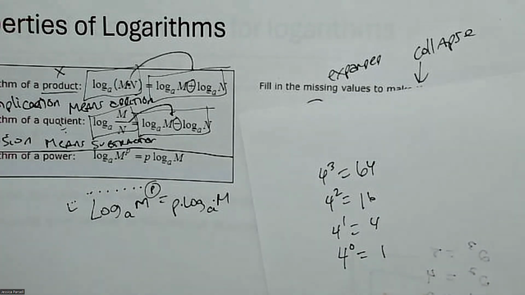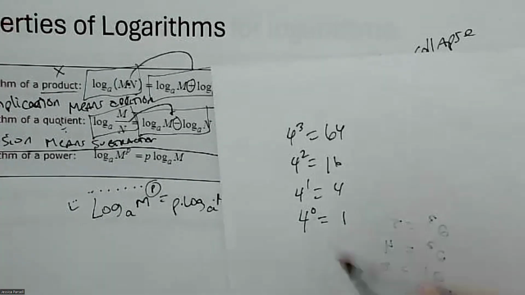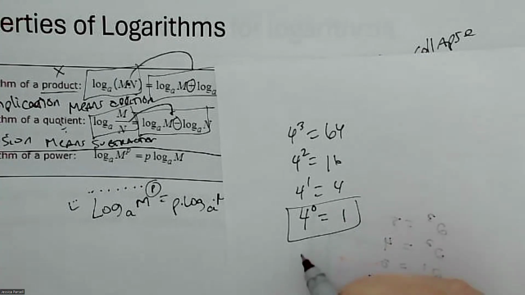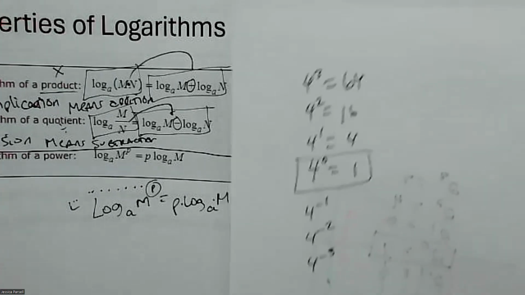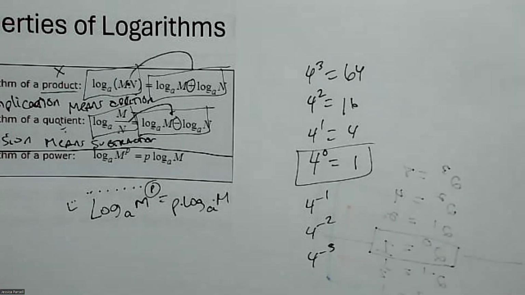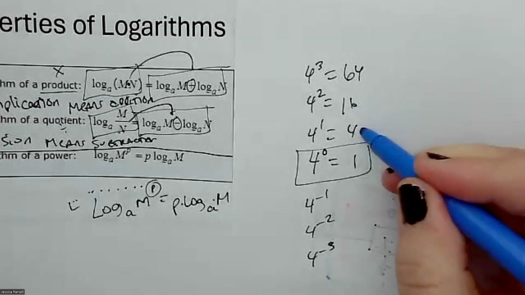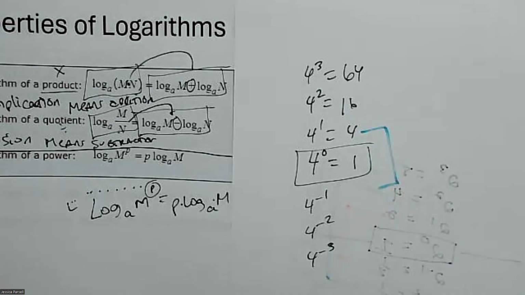We can go the opposite way. All right, we know this kind of separates things. 4 to the negative 1, 4 to the negative 2, 4 to the negative 3. Okay, so there's a relationship. Hopefully you're seeing it. I'm just going to use colors to help us with this.